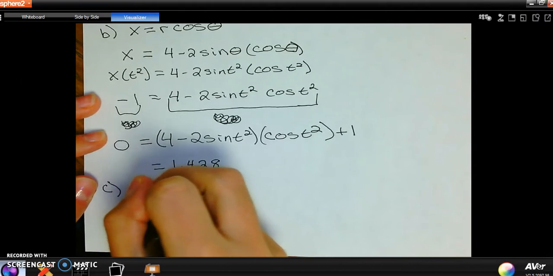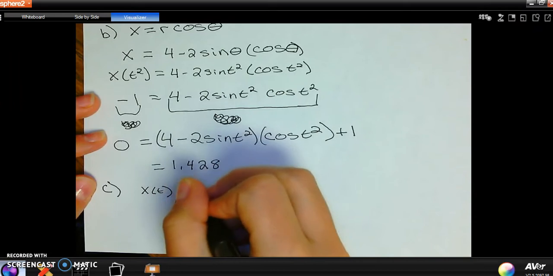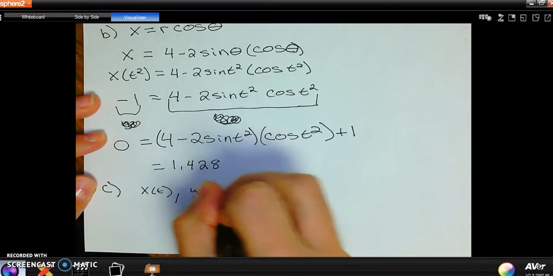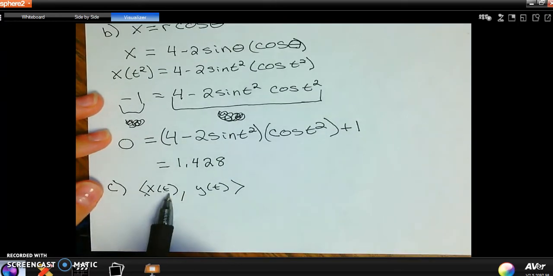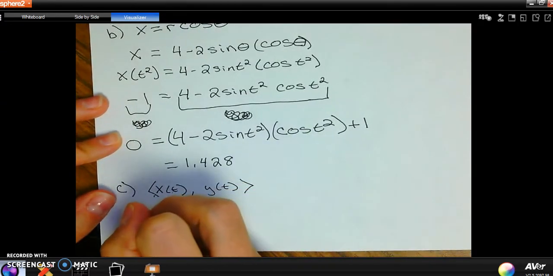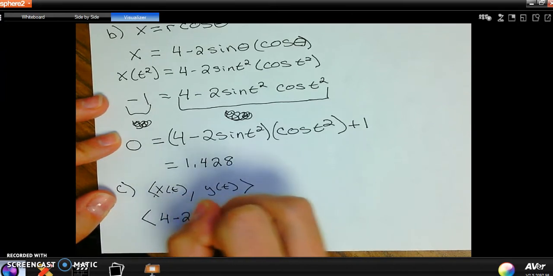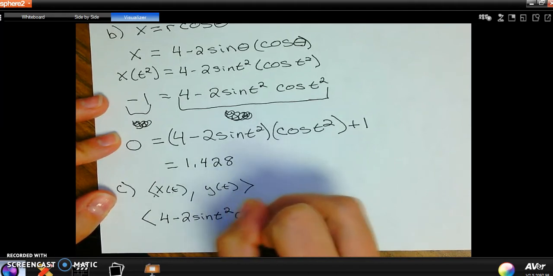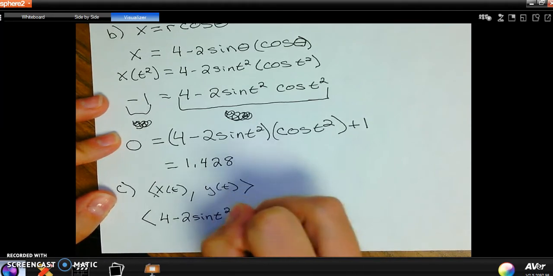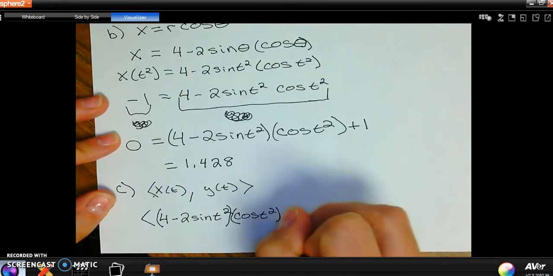So remember that position is the x-coordinate at time, and then the y-coordinate. So my position vector is going to be 4 minus 2 sine t squared cos t squared, and watch your parentheses there. So there's the x-coordinate, comma.